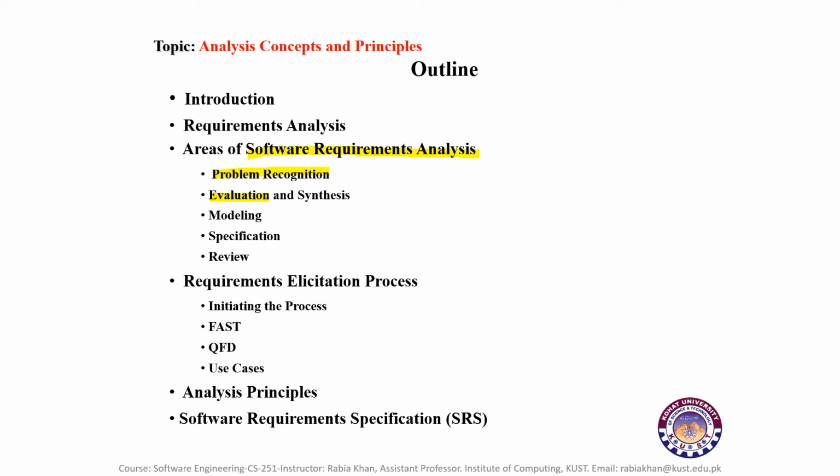That means if a software solution is possible for the problem being faced by the customer, the environment of the customer is analyzed and then the solution is synthesized. Maybe more than one solution can be possible for the problem faced by the customer.